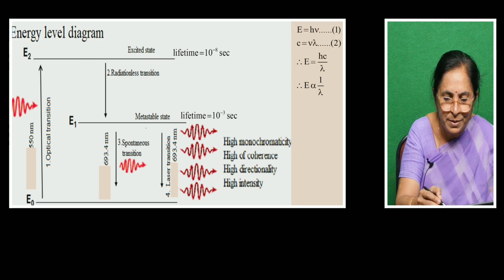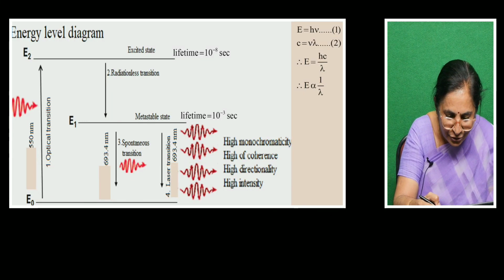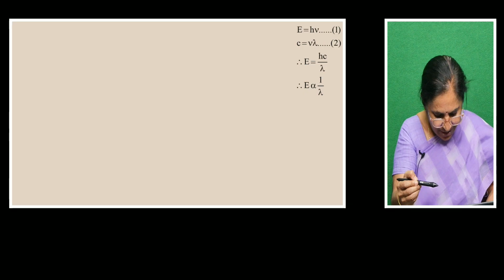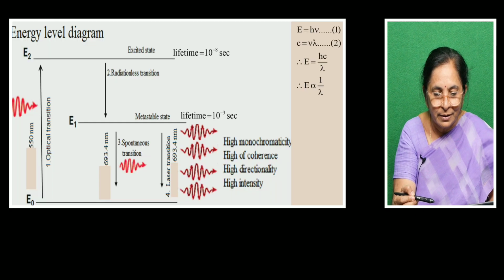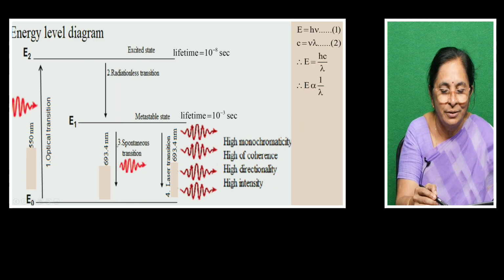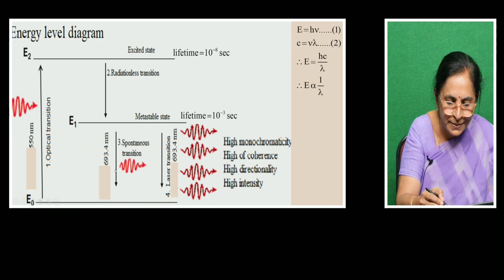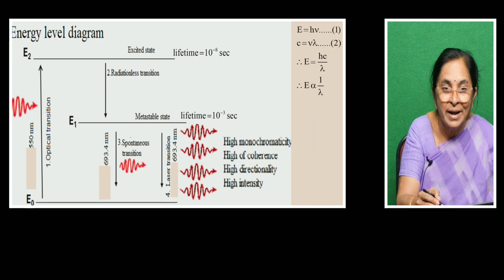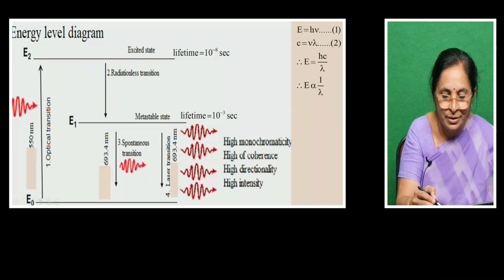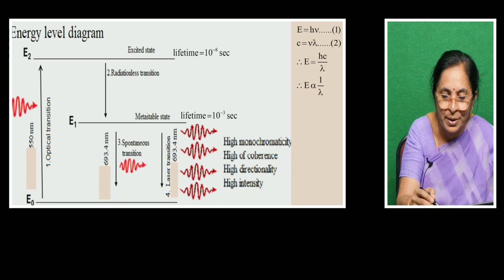Now, when one of the chromium 3+ ions in the metastable state jumps back to the ground state, it emits a photon. This is by spontaneous transition. So, when they stay in the metastable state, some of the chromium ions jump back to the ground level by spontaneous transition, and they emit a photon. This photon will go and interact with the chromium ions staying in the metastable state.